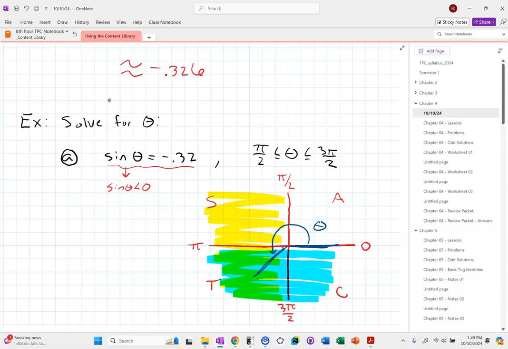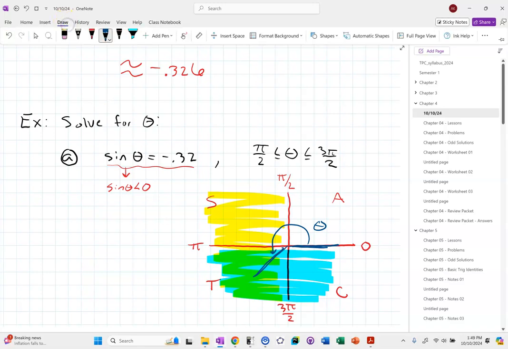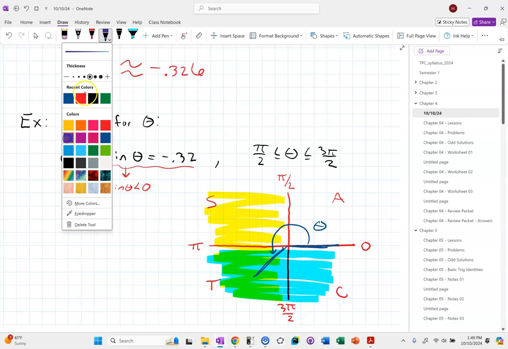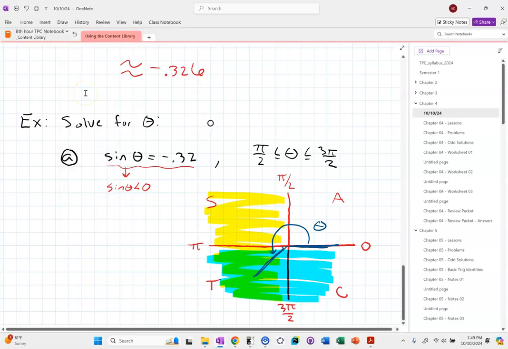That's the only place where sine is negative and it's between pi over 2 and 3 pi over 2. Where I put the terminal side of theta doesn't really matter as long as it's in quadrant 3 somewhere. Doesn't need to be right in the middle. Just get it in the right quadrant, and we're going to be okay. Everybody so far so good?